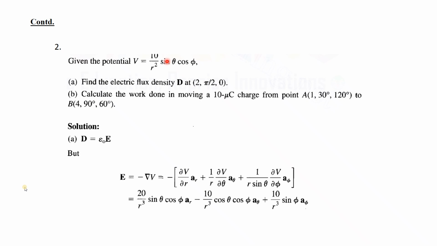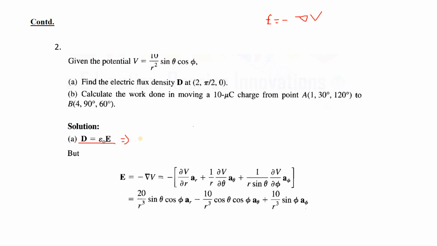That means a potential is given, so a particular point is there whose potential is given. Now you have to find the flux density at that particular point. Where is the relationship between potential and flux density? We already know this equation and have come to learn about it.